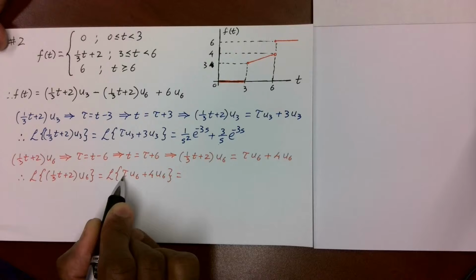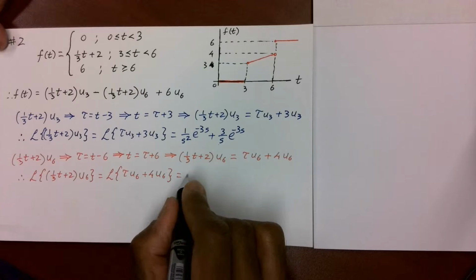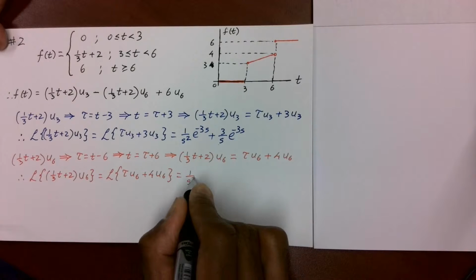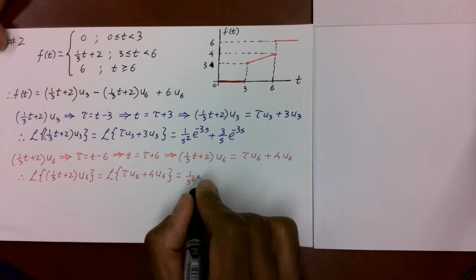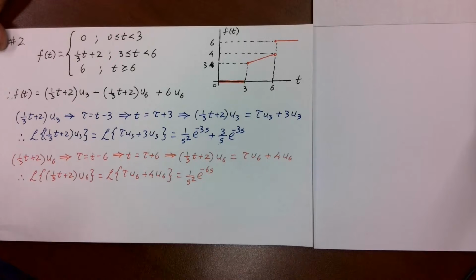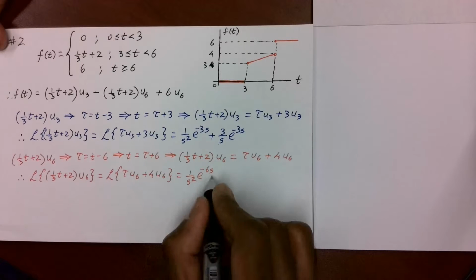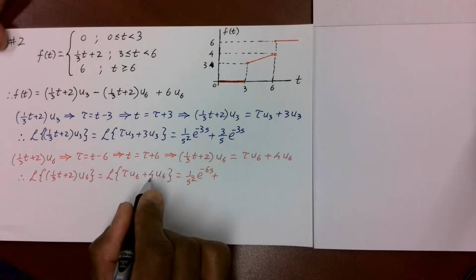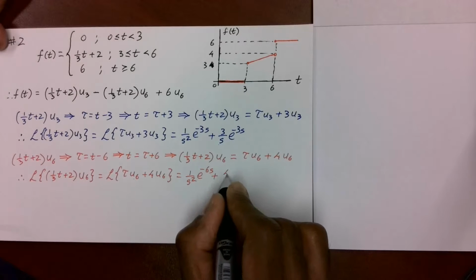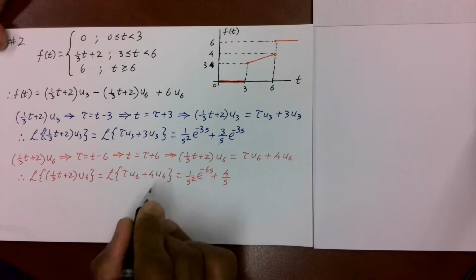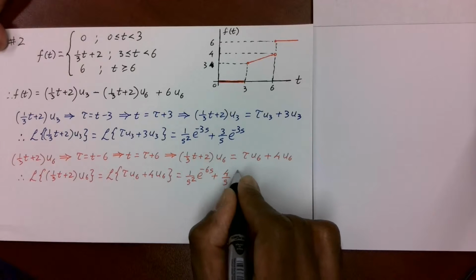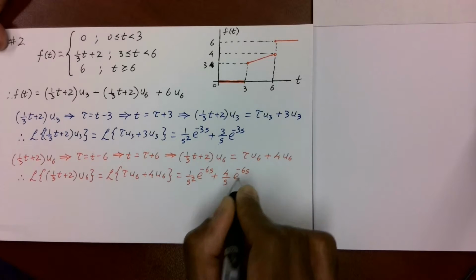The Laplace transform of tau raised to 1 is 1 over s squared. The u6 brings in e to the negative 6s, plus the Laplace transform of a constant. The Laplace transform in this case of 4 is 4 over s, and the u6 brings in e to the negative 6s.